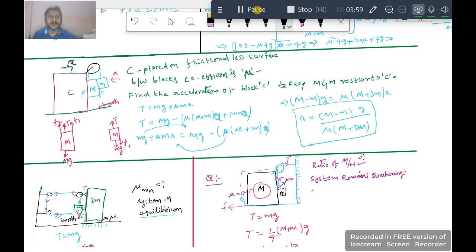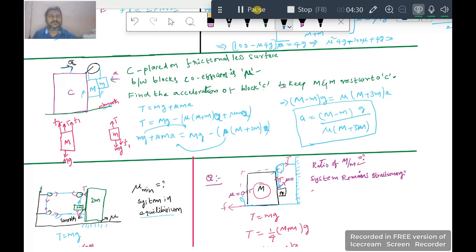So now see, take the free body diagram. Because of this acceleration, there is a normal force in the pseudo direction, a normal force on these two blocks. So on small m only normal force is active. So consider the free body diagram of m and capital M. So here, this is important.